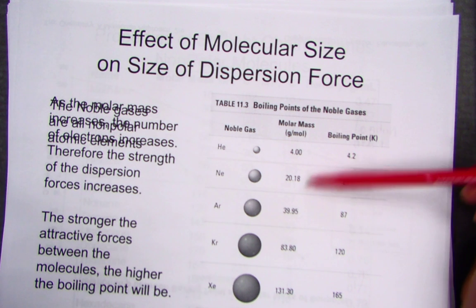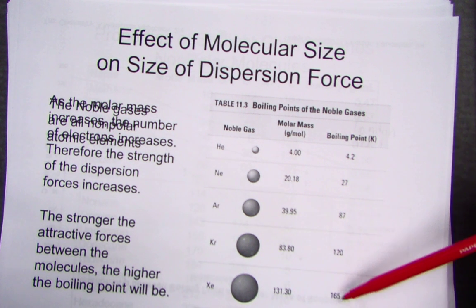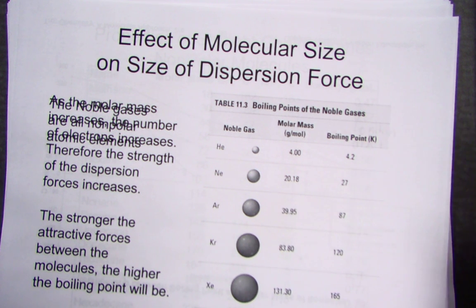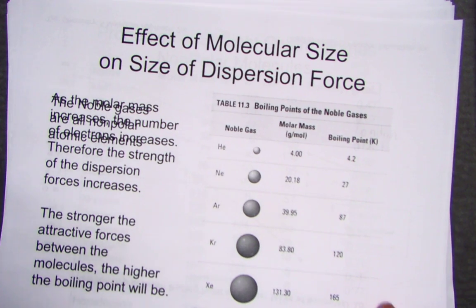The stronger the dispersion force, the higher the boiling point. Molecules have a greater attraction to each other the heavier they are, and therefore will have a higher boiling point. Heavier the molecule, the bigger the molecule, the stronger the dispersion force, the higher the boiling point.